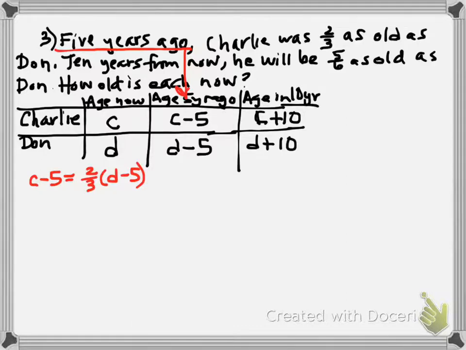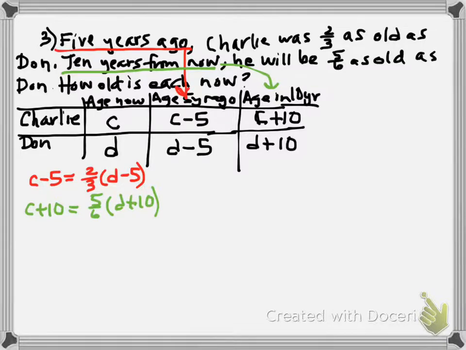That takes care of the first equation. Second equation, 10 years from now. So it says, look at the definitions from the 10 years column. Again talking about Charlie, he's C plus 10, equals 5/6 as old as Don. Now Don at that point is D plus 10.